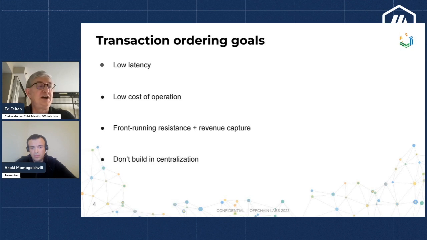That is, cases where there are parties out there who are doing things like arbitrage that are profitable for them, and they care a lot about transaction ordering. And it would be nice if the chain could capture some of the revenue that those arbitrageurs and other high-frequency traders are generating. And then finally, don't build in centralization. Don't choose an architecture that only works in a centralized setting.